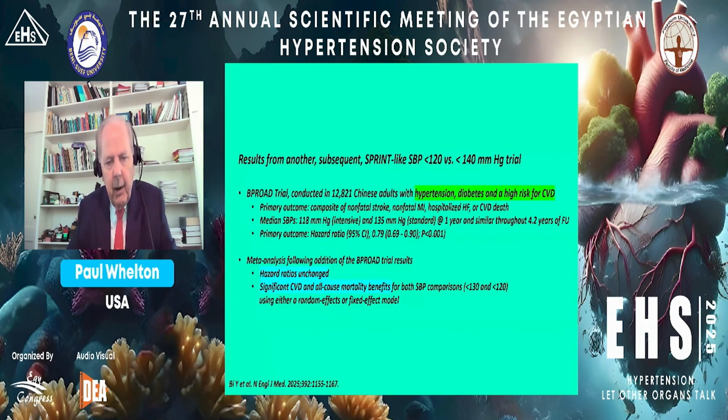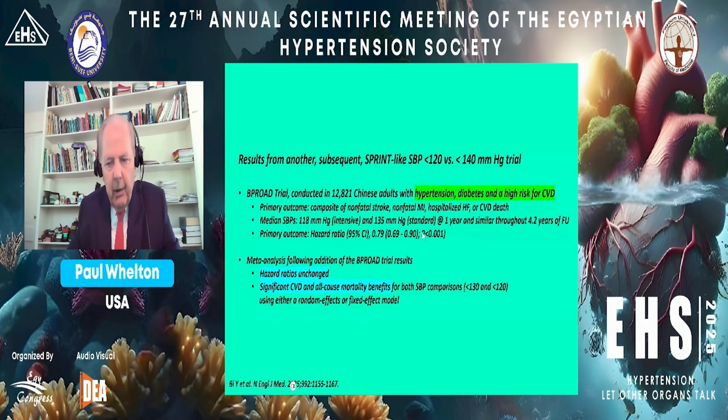This is a big trial that you're probably familiar with. It was done in almost 13,000 Chinese adults with hypertension who had diabetes as well, and of course had high risk for cardiovascular disease. The primary outcome was a composite, a very typical cardiovascular composite that assumes atherosclerosis as the common denominator.